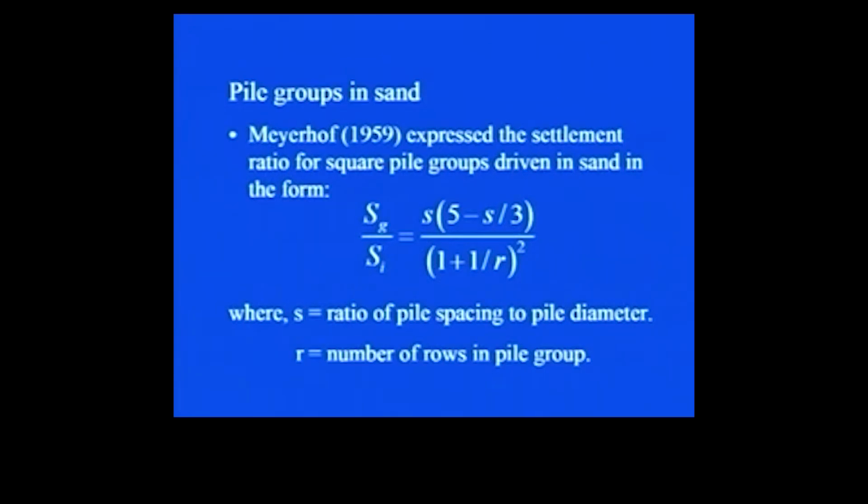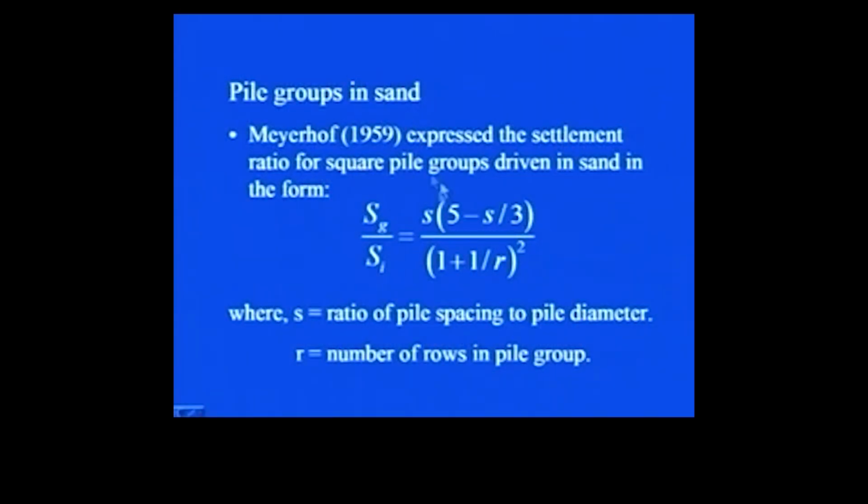Like Skempton gave one particular empirical relation in 1953, likewise Meyerhoff in 1959 expressed the settlement ratio for square pile groups driven in sand in the form that Sg by Si is equal to S into (5 minus S) by 3 divided by (1 plus 1 by R) whole square, where S is the ratio of pile spacing to pile diameter, that is, whatever is the pile spacing divided by the diameter of the pile, and R is the number of rows in pile group.